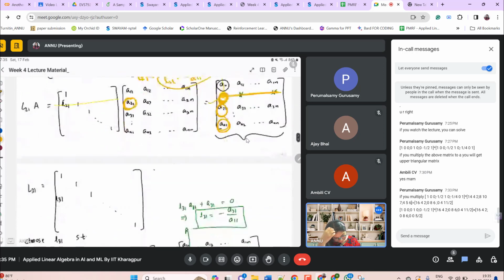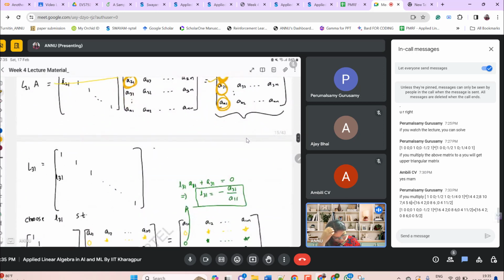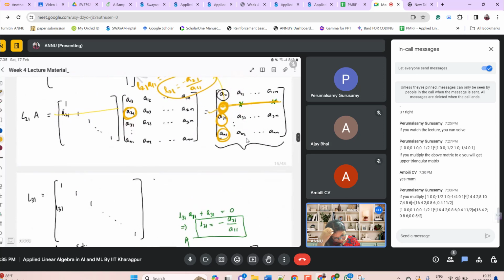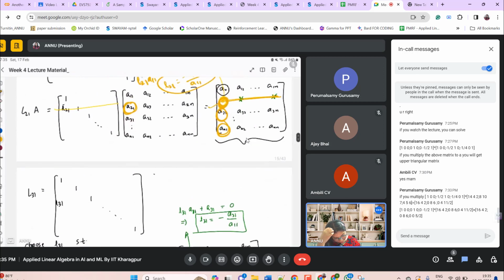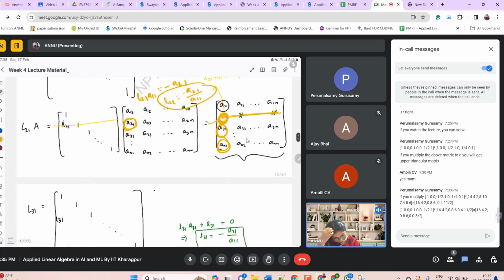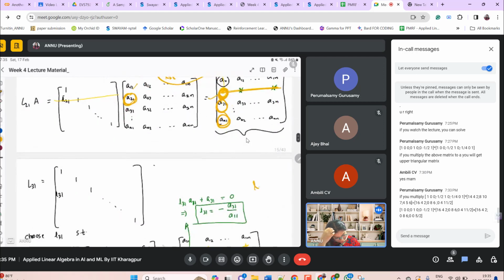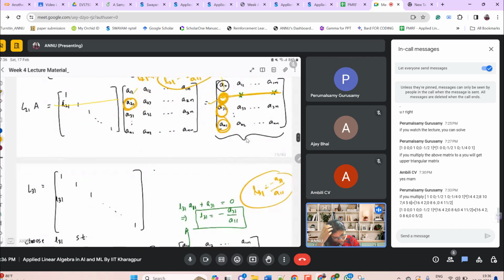Then let's make L31. L31 A11, here it is 0 only, A31. So L31 is minus A31 divided by A11. First L21, then L31.